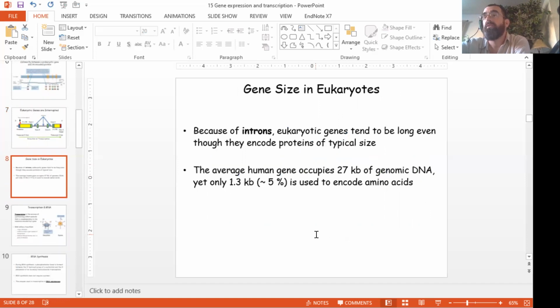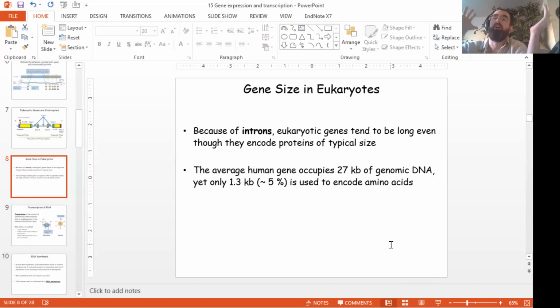So one consequence of that is that eukaryotic genomes are much larger than prokaryotic ones, not just because of all the added cruft, but even the coding sequences are a lot larger because of these introns. Typically the length of the actual coding sequence is about 1 and a bit kilobases.